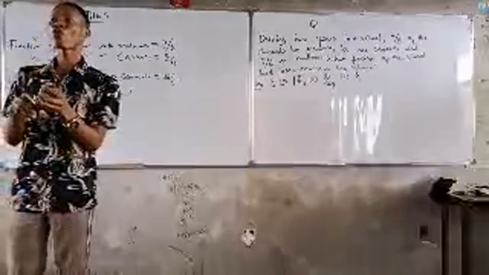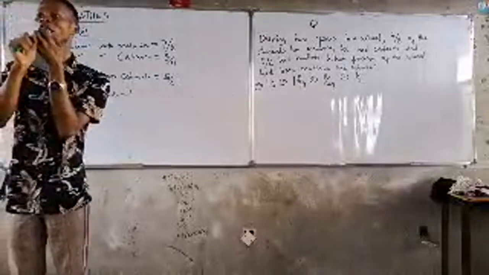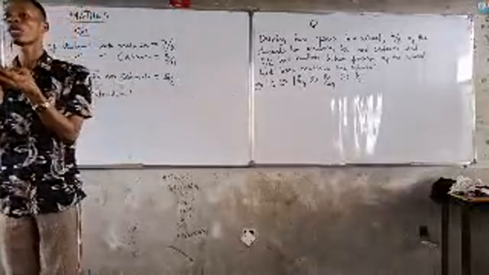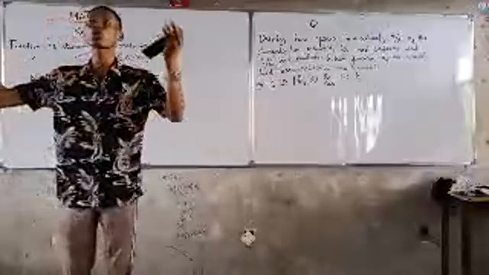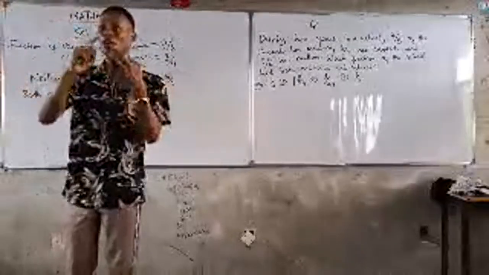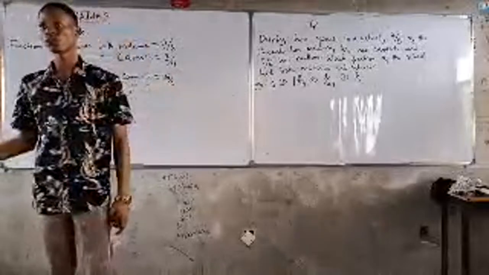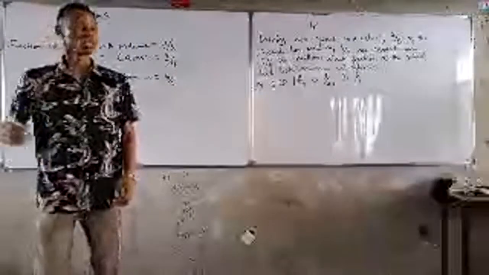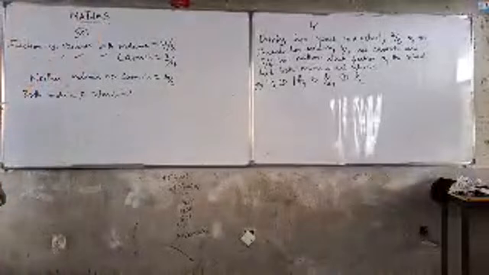So if you add the fraction of students with malaria only, with the fraction of students with catarrh only, with the fraction of students that have both catarrh and malaria, and the fraction of students that have none of them, you should have the total population, which is equal to 1.